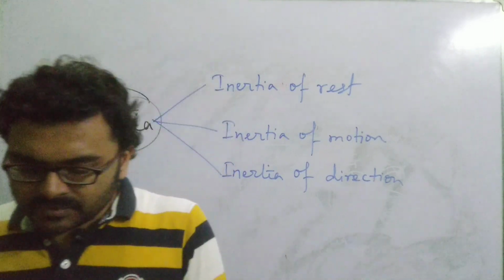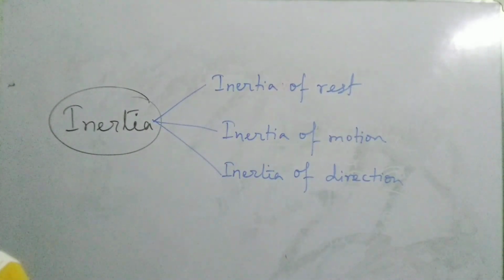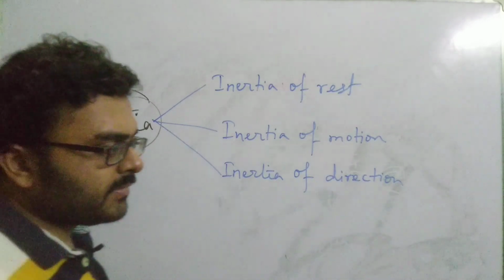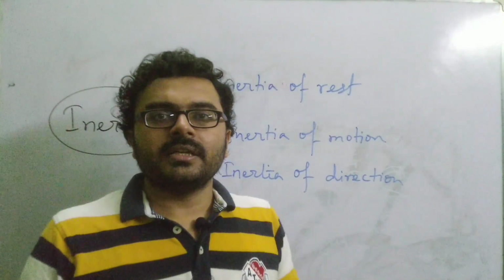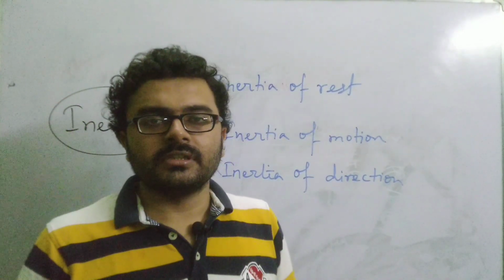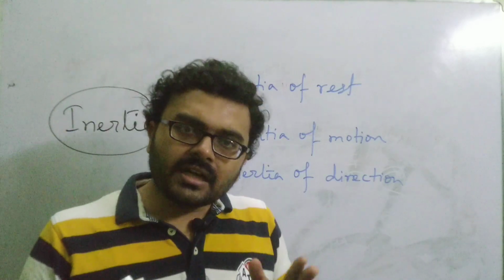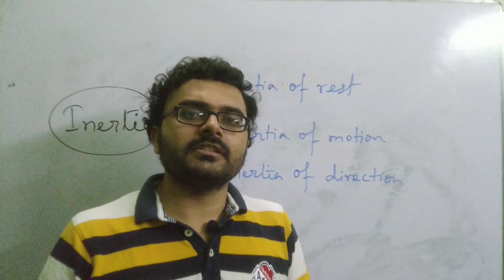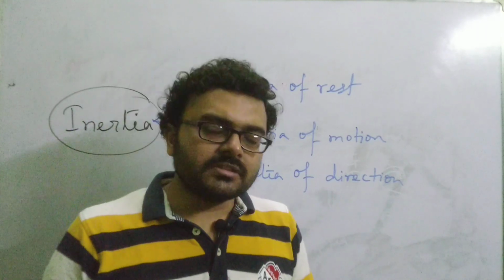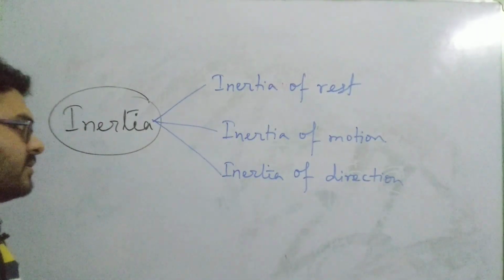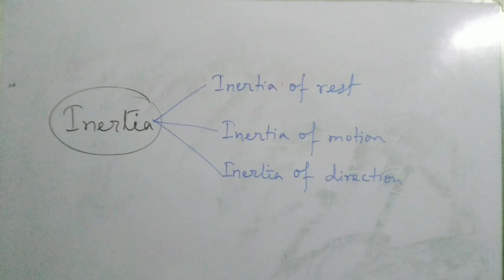Or you must have seen that a car keeps on moving in a straight road path until the steering wheel is turned. So this is the inertia of direction. It is that property of a body by virtue of which a body maintains its direction of motion. It keeps on moving in the same direction until a force is applied and the direction of motion is changed. So these are the three kinds of inertia present in a body.